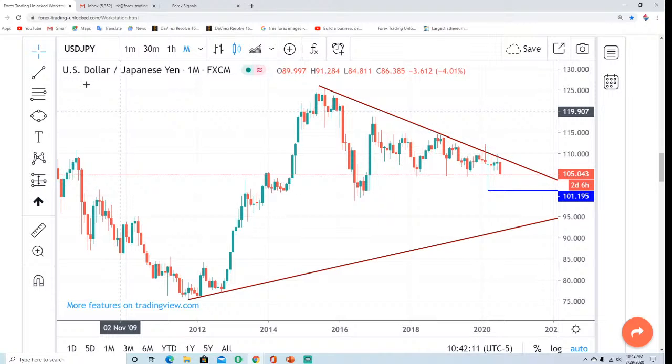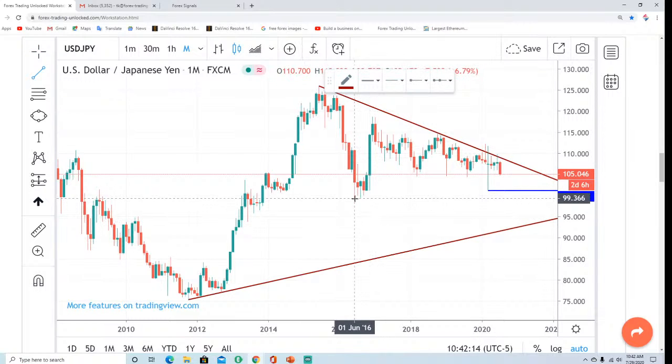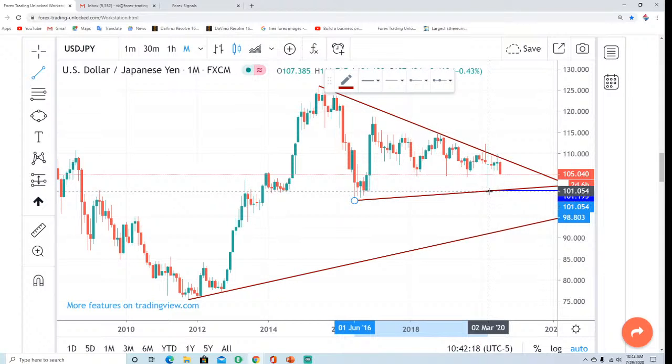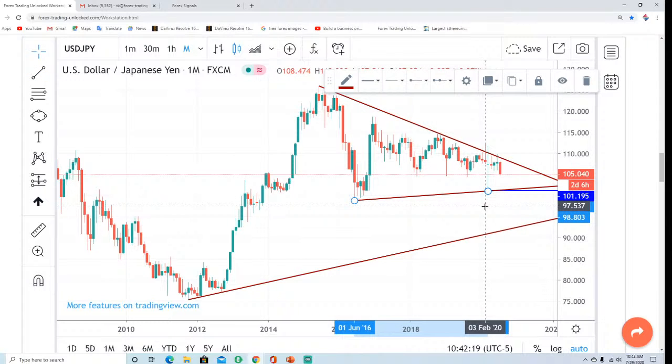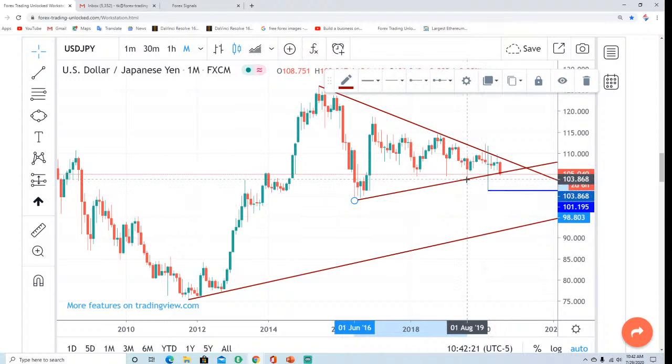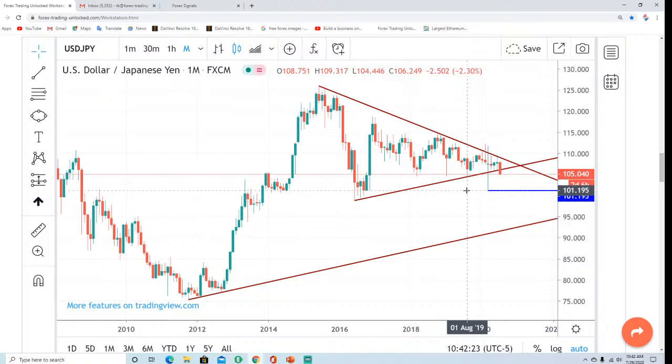And we also have this nice little wedge here. We could go off of this low here, but I say we go off of this low here. If we take out the volatility of March, just discount March alone, and even that beginning of the thing, we're falling out of this wedge.